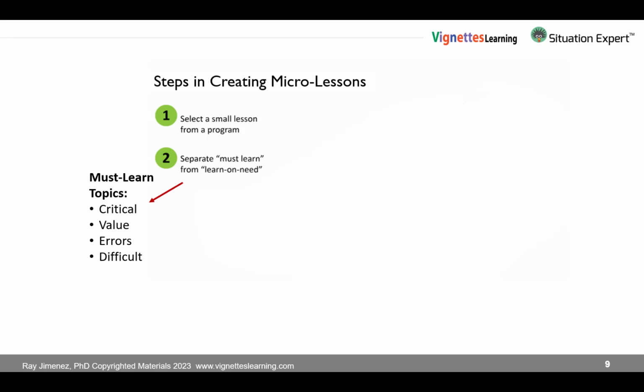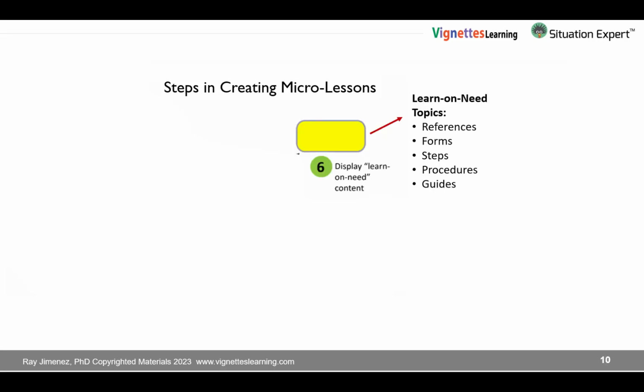The must-learns are topics that are critical, high value, cause errors in the organization, and are difficult to learn. So this is a priority learning topic. The learn-on-need are topics like references, forms, steps, procedures, guides, and anything that the worker and the learner can access while they're doing work. That's why they call it on-the-job resource material, so that it can be put together as a reference.